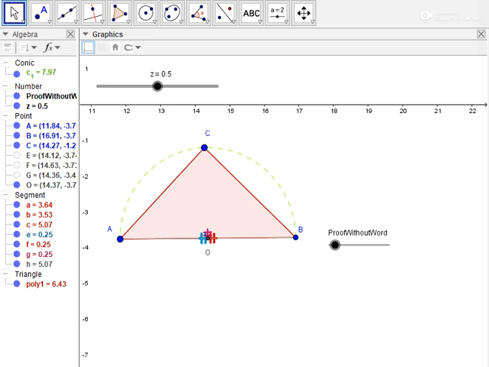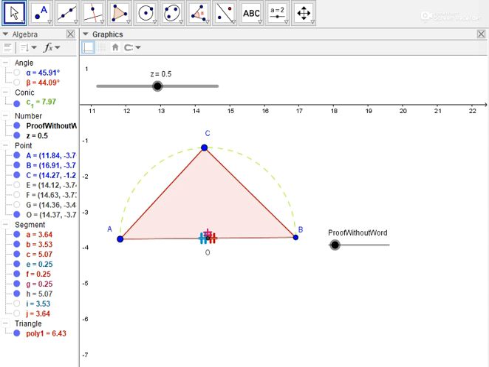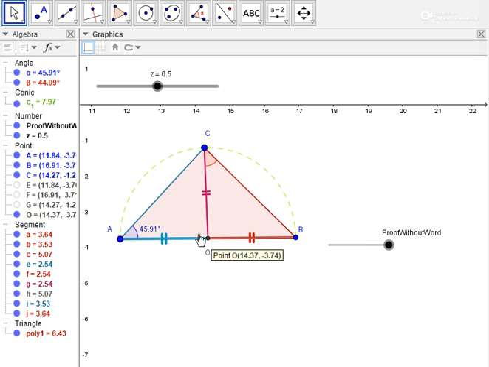Okay, so now to finish it all off, I go ahead and mark the angles. So I want to mark this angle right here, so I chose OAC. So I chose OAC to go ahead and find this angle.